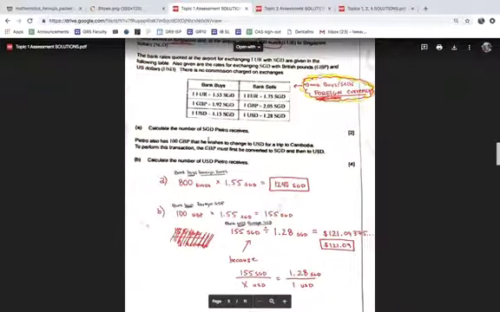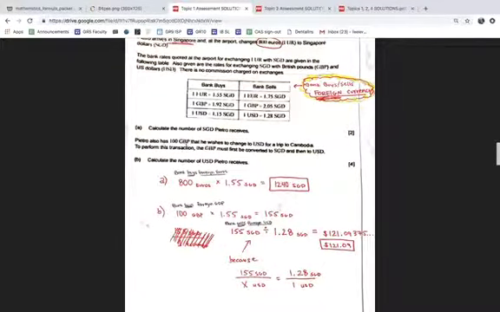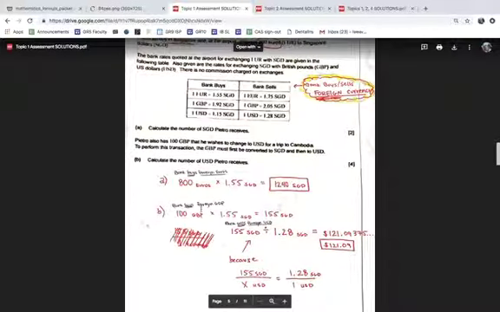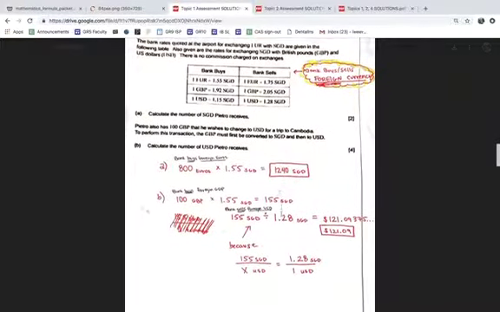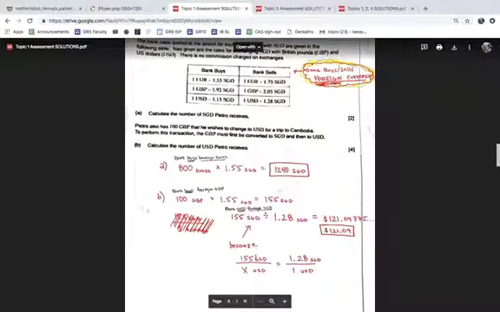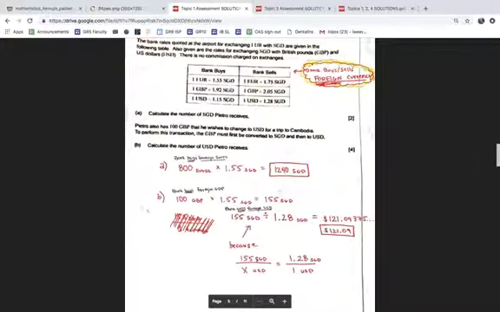In the next one, he has 100 GBP. So the bank is buying foreign currency and we'll convert that to SGD. And then we have the local currency. So we're going to try to work backwards here. So we have 155 in the local currency, and we're trying to find how much USD that is.